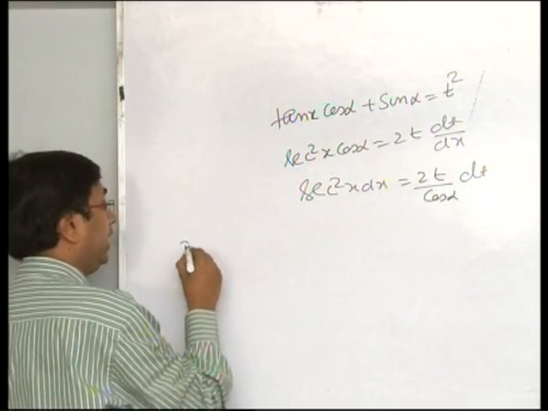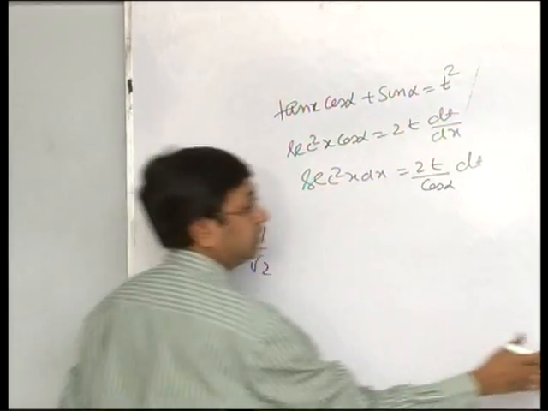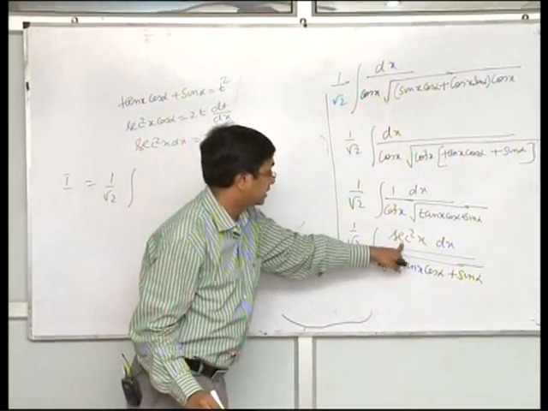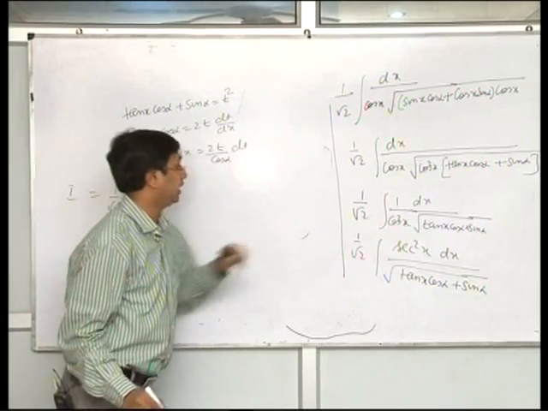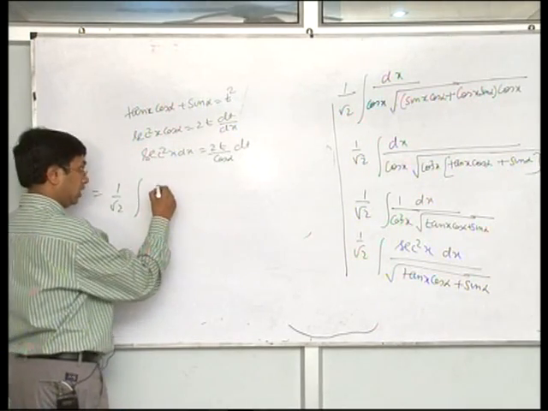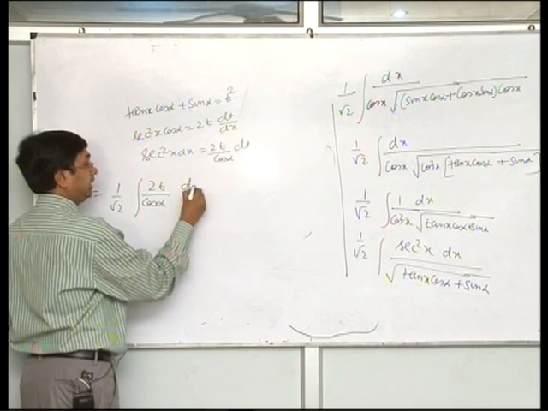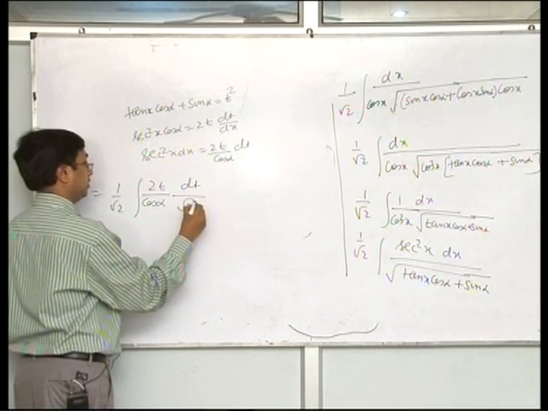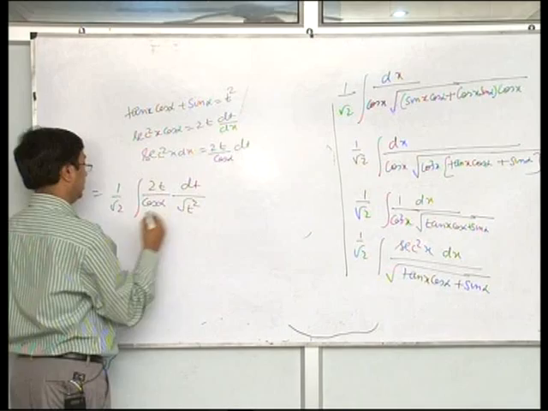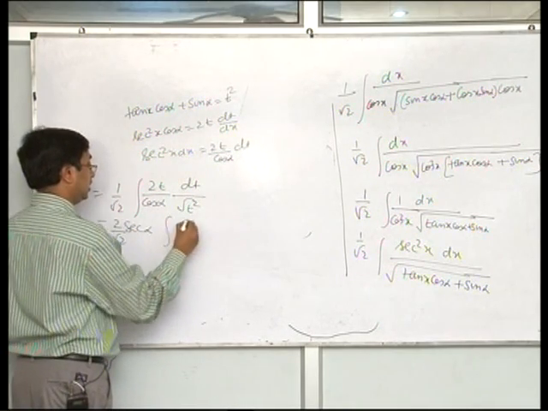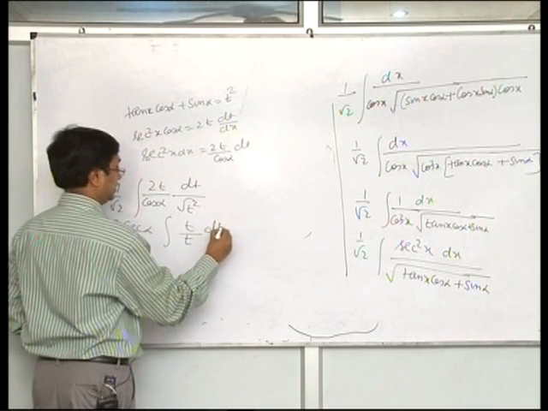So what is our I? It would become 1 by root 2. So we are getting this term. Instead of sec square x dx, you can compare what you will get: 2t by cos alpha dt upon root of t square. So 2 by root 2 sec alpha, t by t dt.